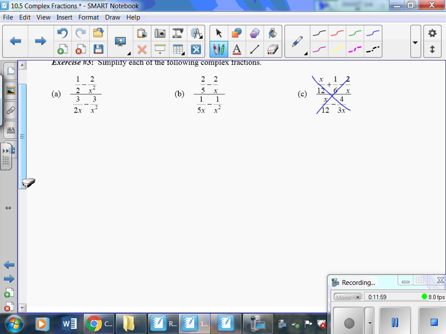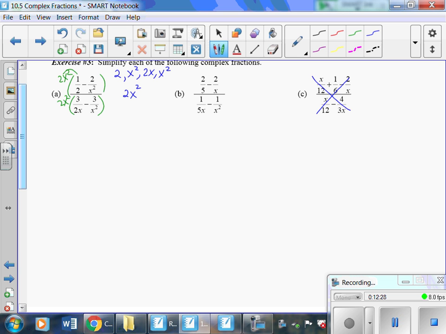So here I have 2, I have x squared, I have 2x, and I have another x squared. So 2 is going to be my least common denominator. And then I have x squared, because x goes into x squared and x squared goes into x squared. So what that means is I'm going to multiply both of these, numerator by 2x squared and my denominator by 2x squared.